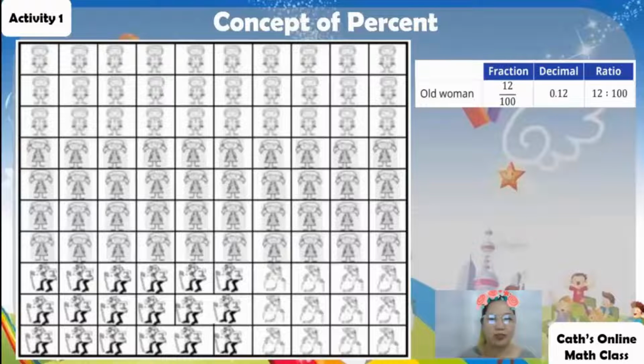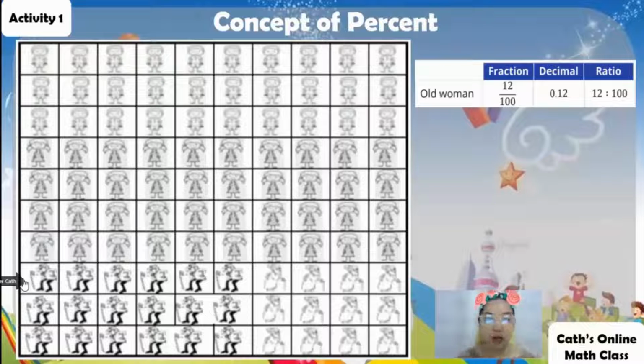Now let's take a look at this example. We have here a table or a chart wherein there are different characters on each block. Look at the block. These are boys, and these pictures are girls. What about this one?